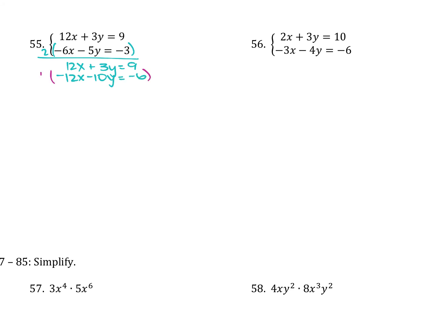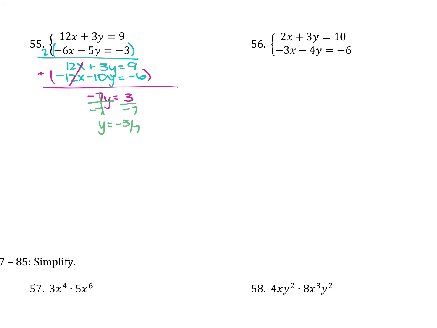We're going to add these two. Since, again, our x terms are opposites, those cancel. The 3y minus 10y is negative 7y, and 9 minus 6 is 3. From here, divide each side by the negative 7, and we get that y is equal to negative 3/7.